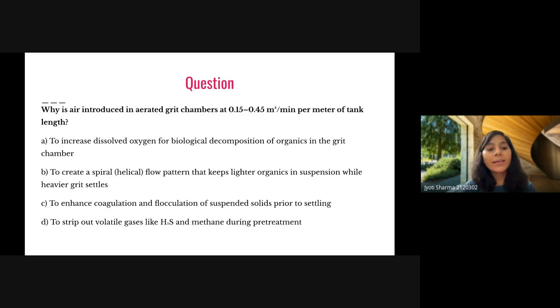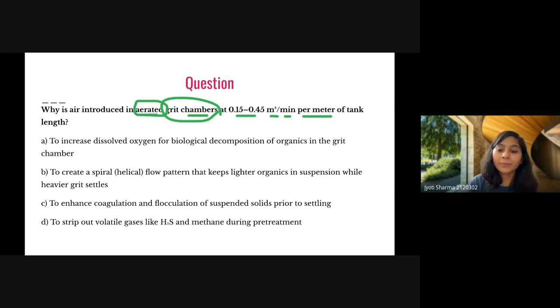Okay, why is air introduced in an aerated grit chamber? Initially we were using a grit chamber only, but we can also use an aerated one. So we can give some air to that chamber at 0.15 to 0.45 meter cube per second per meter of tank length. But why are we using air?